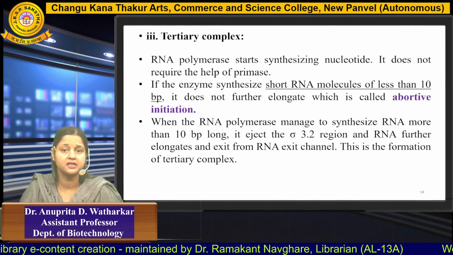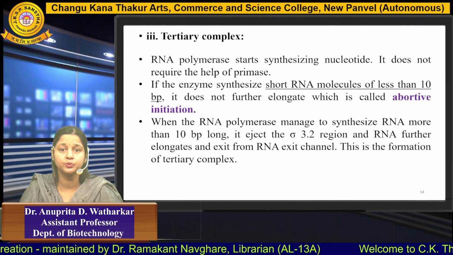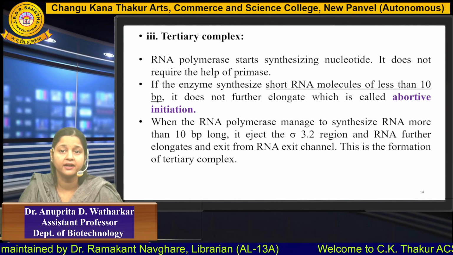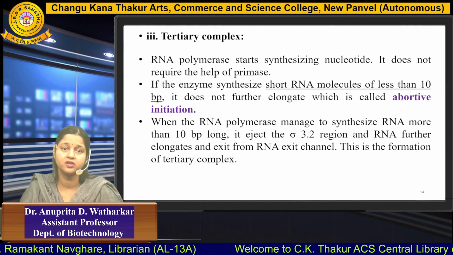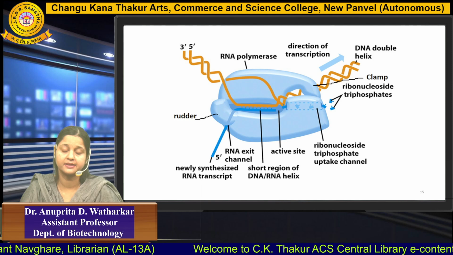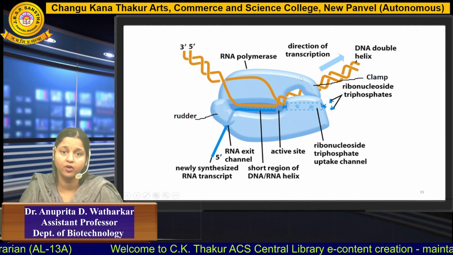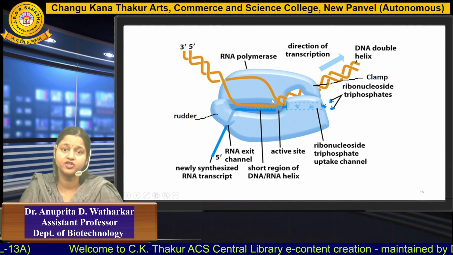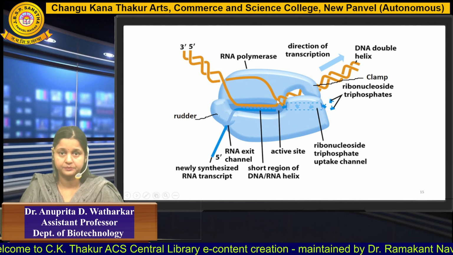When the RNA polymerase manages to synthesize RNA more than 10 base pairs long, it ejects the sigma 3.2 region and the RNA further elongates and exits from the RNA exit channel. This is the formation of the ternary complex. Here you can see in the diagram how the ternary complex gets formed, and the RNA exit channel where the RNA transcript will exit.